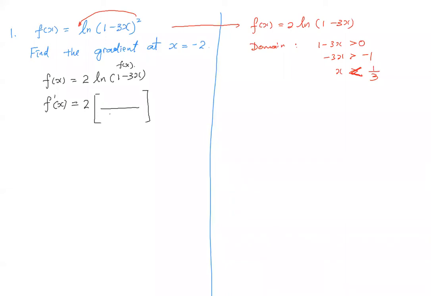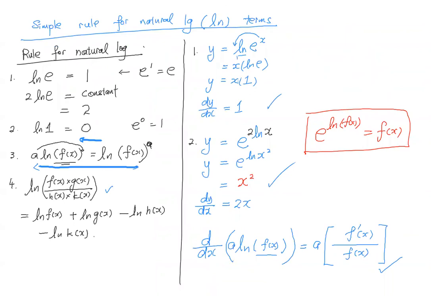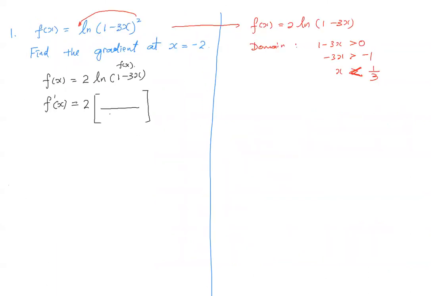Let's go to the formula. Numerator is f prime x. Denominator? f(x). So 1 minus 3x. So we got -6x over 1 minus 3x.